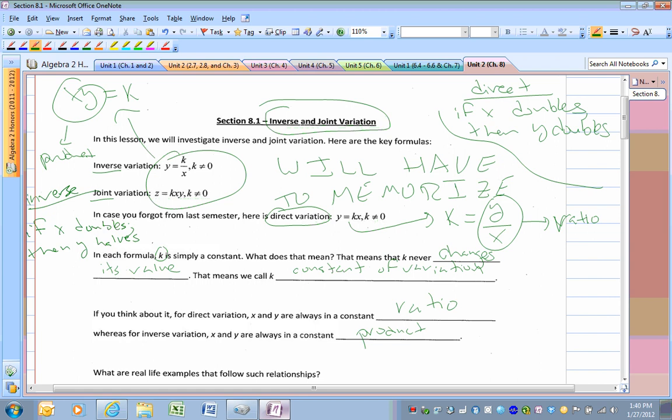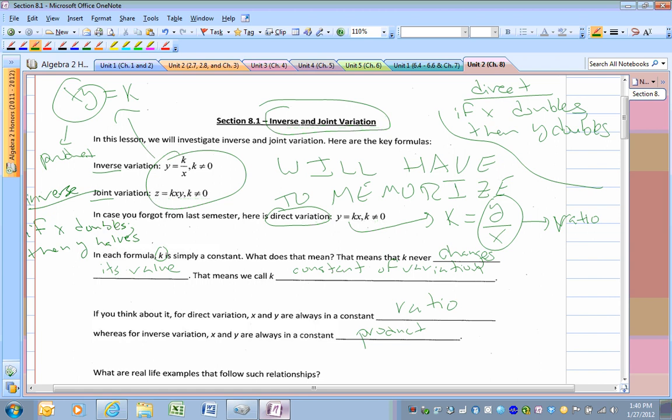For example, if I had 6 and 2, now if I make y double, so now y becomes 4, then x will get halved. Or the other way around. If I had 6 and 2, if I double x, which becomes 12, then y would become 1. So they go in opposite directions.